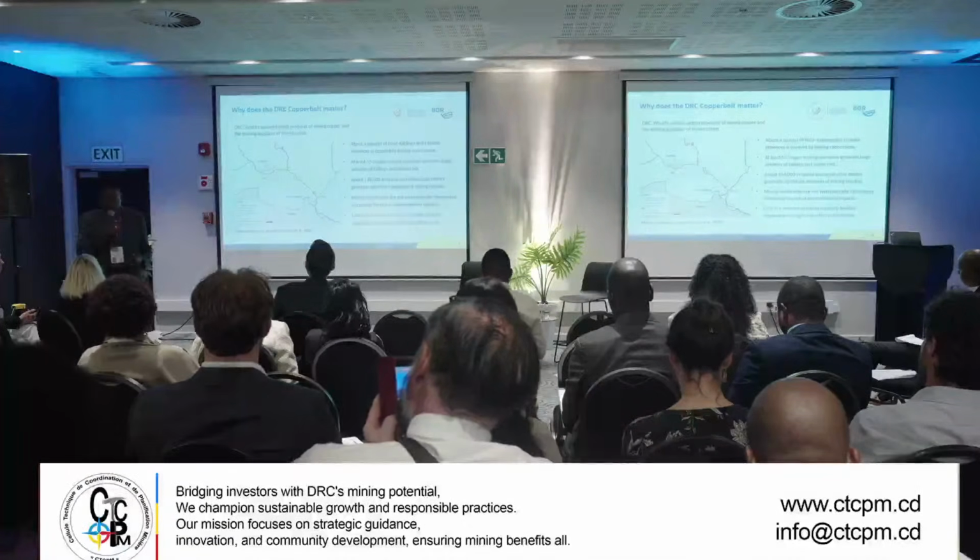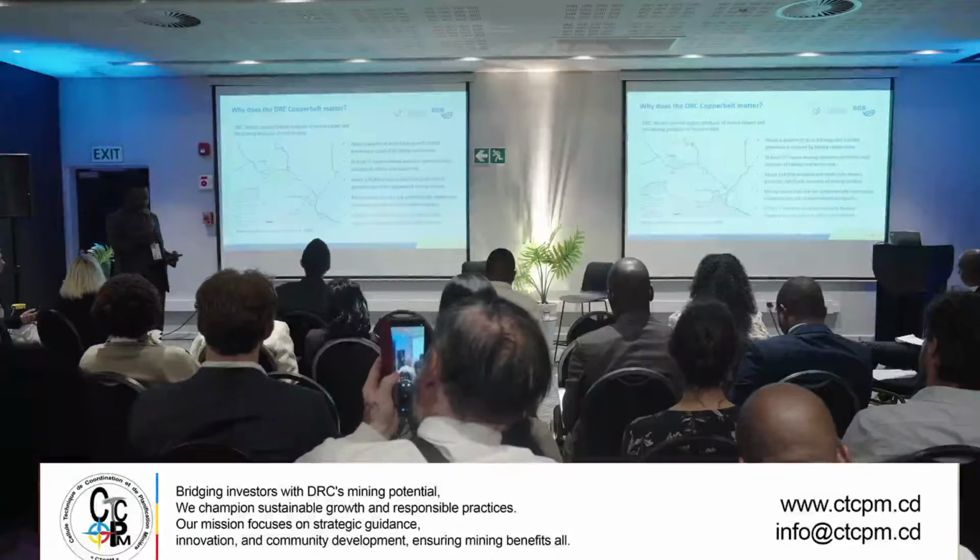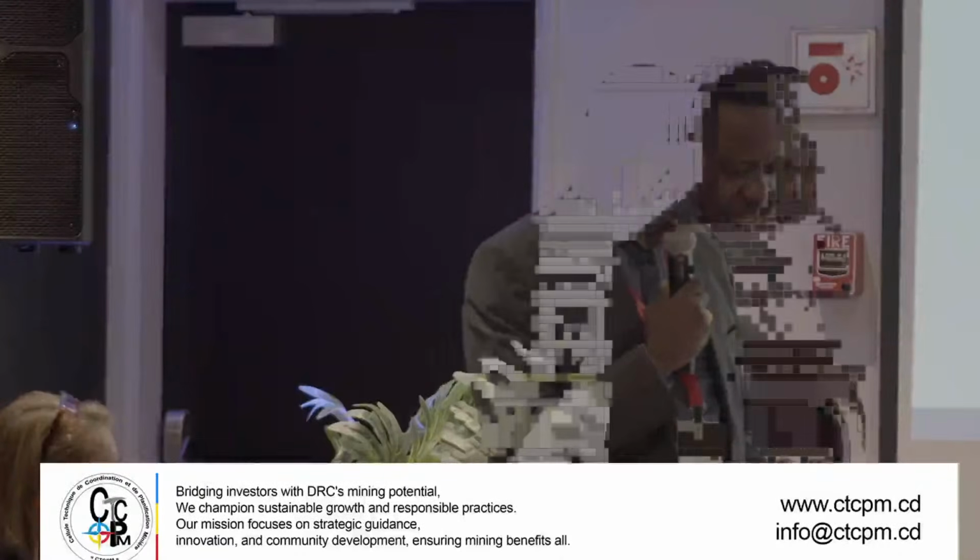I remember 10 or 15 years ago I was in Morenci in the US. At that time we were saying, okay, we can mine up to 0.025% of copper, 0.25, and we were saying, oh, that's too low. We were discussing, because remember, I said here that at CTCPM we are also in charge of statistics, how beneficiation can be done, and you can see that tremendous change of technology.